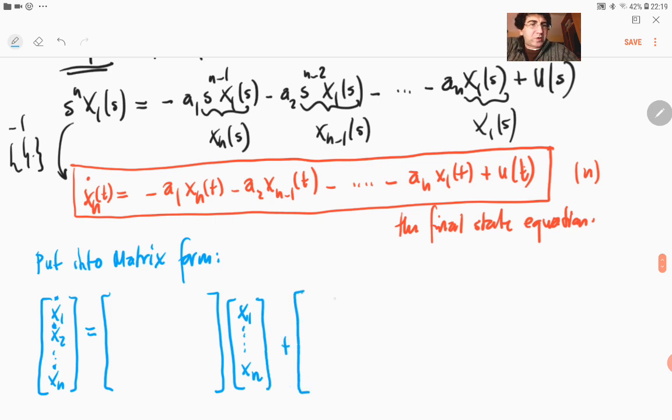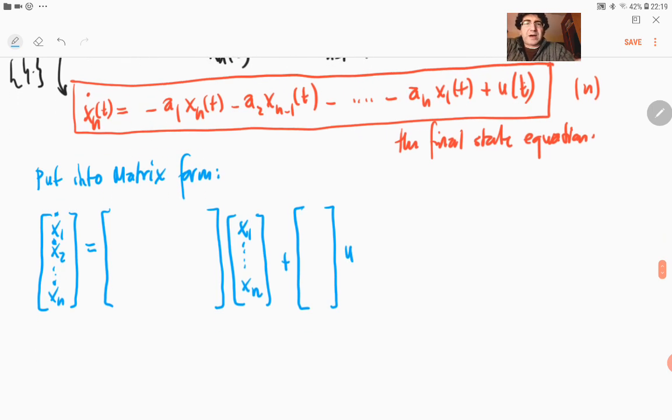Also, I need to have the inputs. So now x1 dot is equal to x2, so what I'm going to have here is 0, 1, 0, and all zeros. x2 dot is equal to x3, so I will have 0, 0, 1, and then all zeros. In the next to last row, I will have 0, 0, since xn minus 1 dot will be equal to xn, so this is going to be 0 and 1.